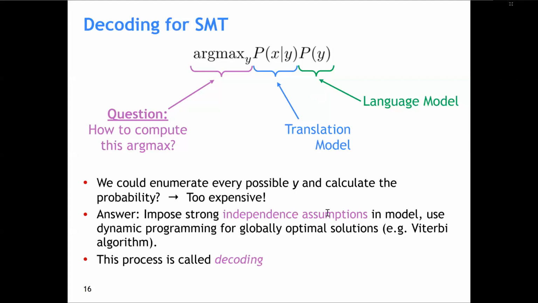So people put strong assumptions in the model and then use dynamic programming to find the optimal solutions. And the process to find y is called decoding, right? I think that's easy to understand.